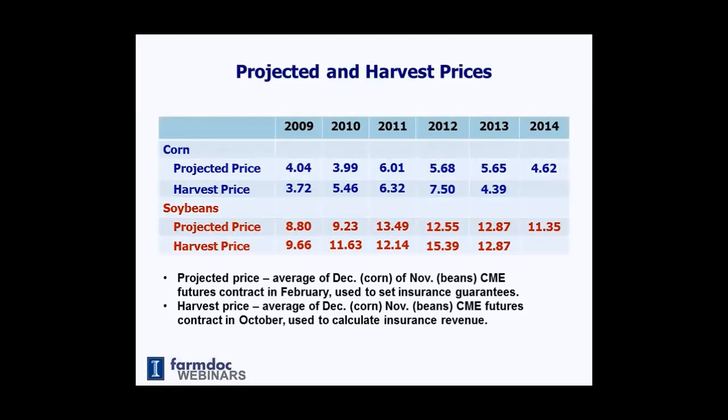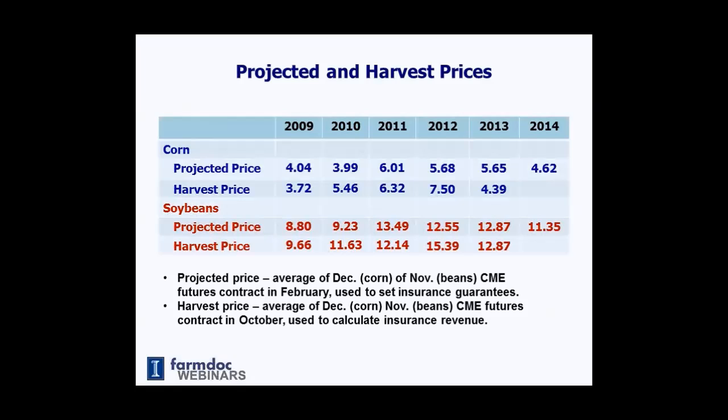For corn, the projected price is likely going to be $4.62, maybe $4.61, maybe $4.63, but right in that $4.60 to $4.63 range. A $4.62 price would give you a price that is slightly over $1 lower than the projected price last year.